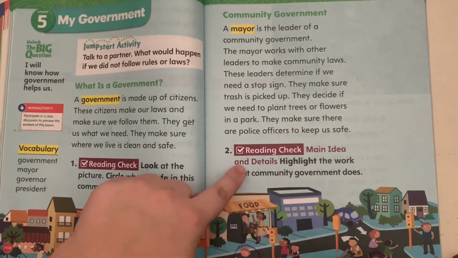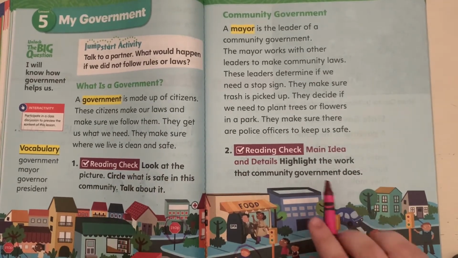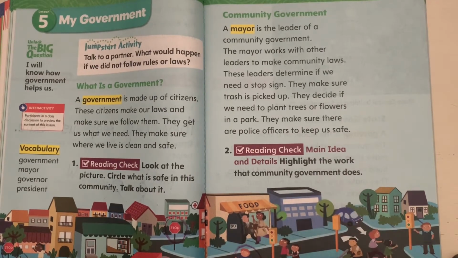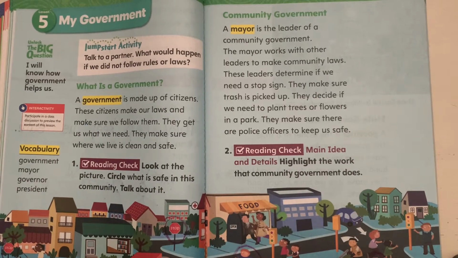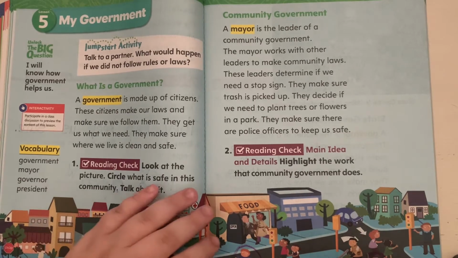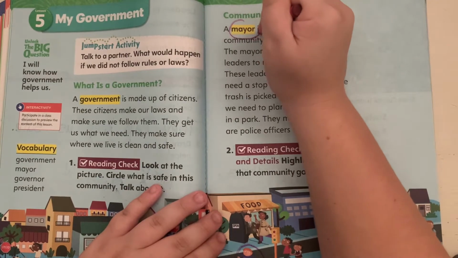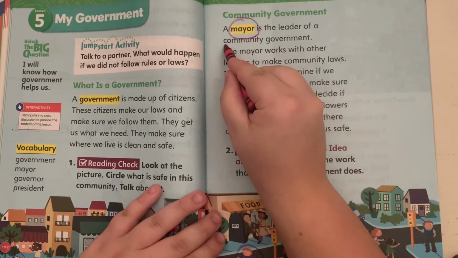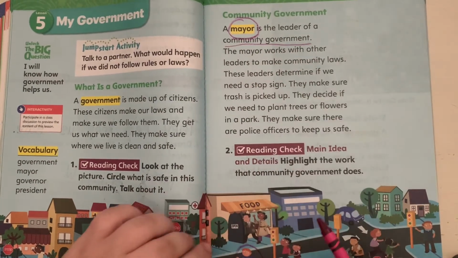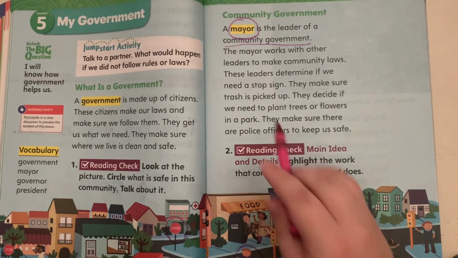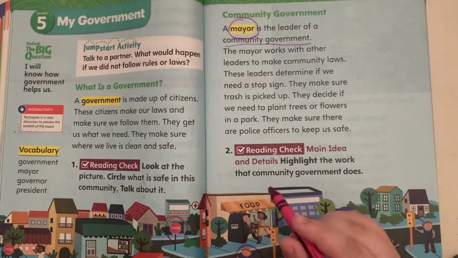Oh, another reading check. So main idea and details highlight the work that community government does. So I think our main idea is that the mayor is the leader of a community government. So let's go ahead and circle some of the things that the community government does.